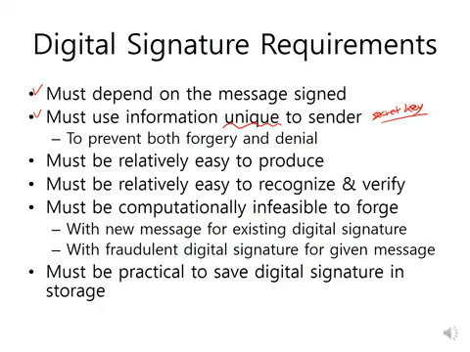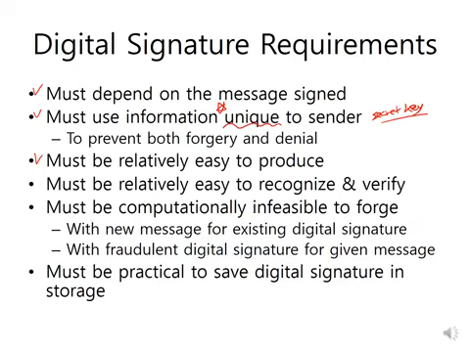Because this secret key is unique to some specific sender, it can be used to detect any kind of forgery and any kind of denial. So this is a very important requirement in the digital signature. Because of this feature, some symmetric crypto algorithms cannot be used to generate the digital signatures.